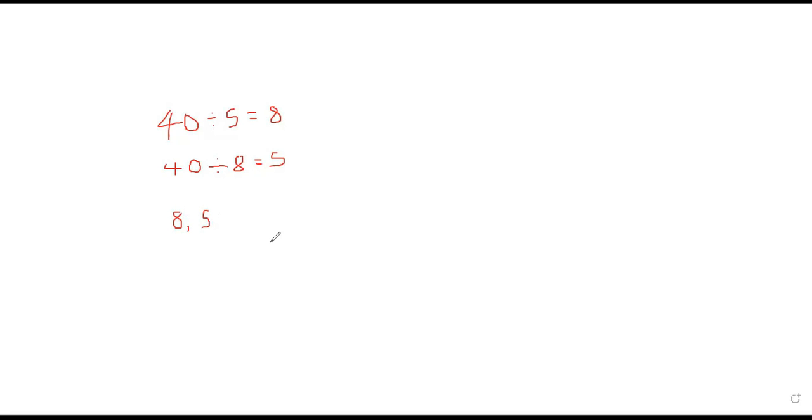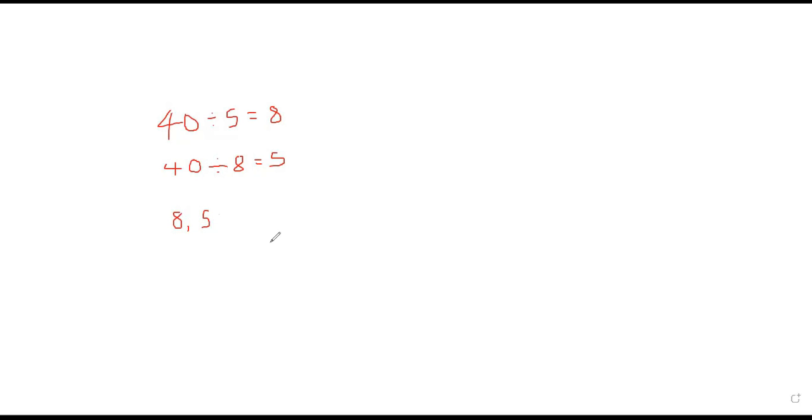It's very simple. In a simple sense, it means that 8 and 5 can divide 40 without any remainder. So factors are always numbers that go into another number and divide it without having a remainder.